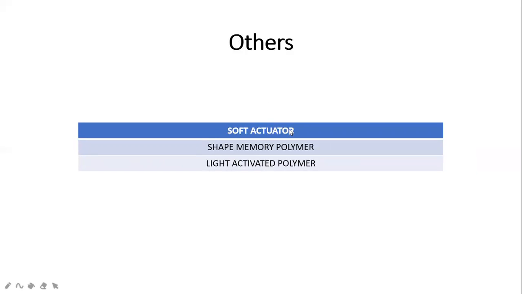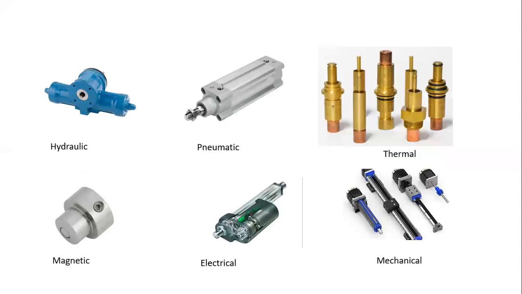And soft actuator will depend on some technique that is controlling the soft mechanism of your actuator. These are the different types of actuator: hydraulic, pneumatic, thermal, electrical, mechanical, and magnetic. So these are some figures which show different types of actuator.